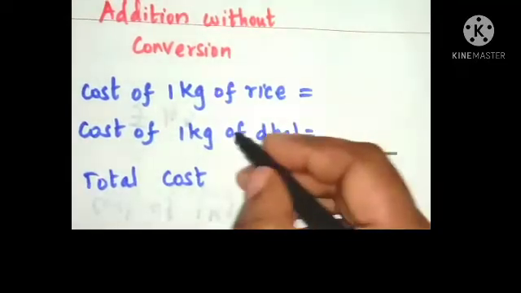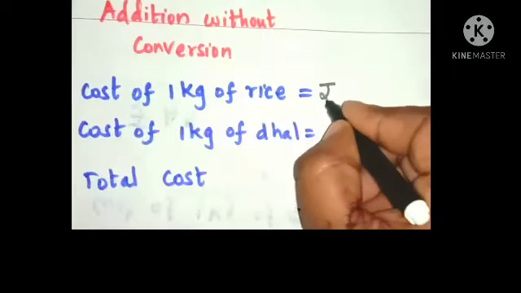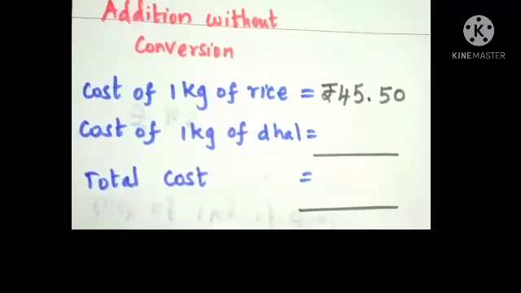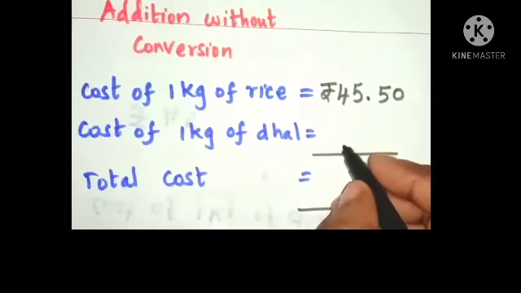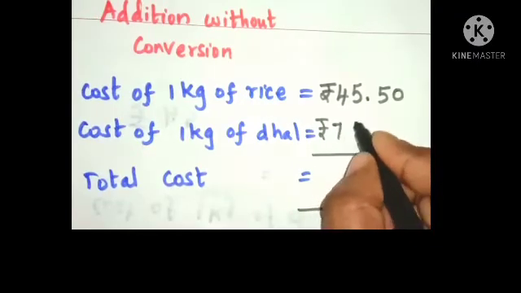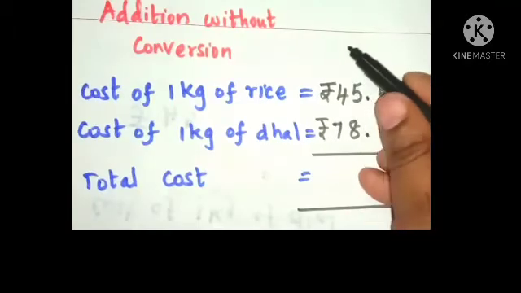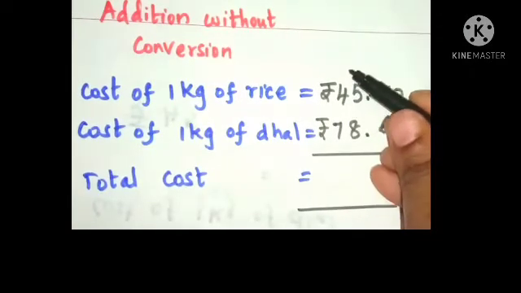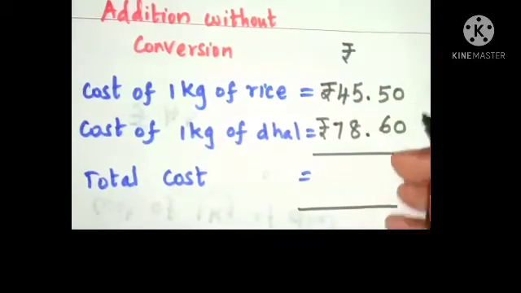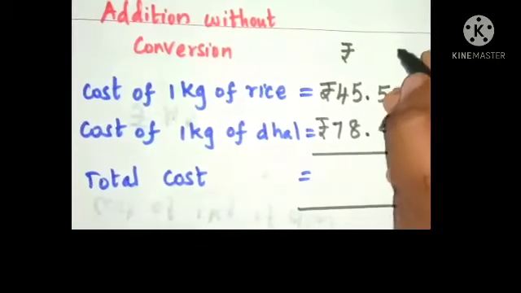To find that, first write down: cost of 1 kg of rice is rupees 45 and 50 paise, and the cost of 1 kg of dal is rupees 78 60 paise. Here 45 and 78 are under the column rupees, and 50 and 60 are under the column paise.